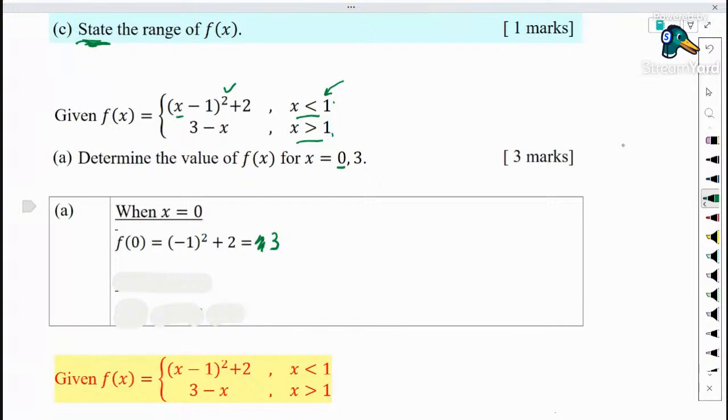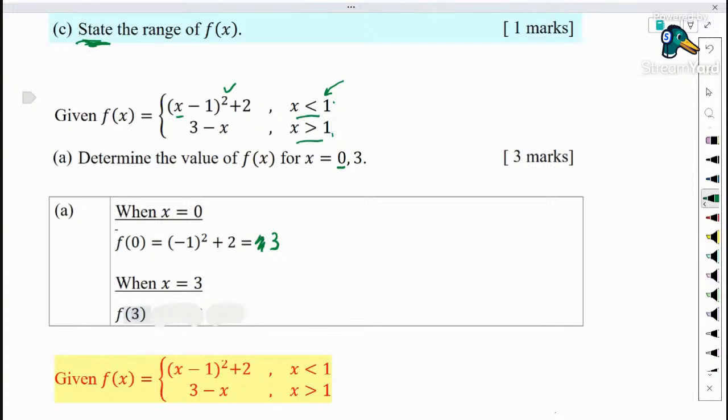Then next, I would like to calculate when x equals 3, which is f(3). I would like to substitute 3 inside the function. And which function should I choose? Guys and girls, don't do a blind guess, like, oh, just now I used the first function, the next one must use the second. Or just now used first, now also use first.